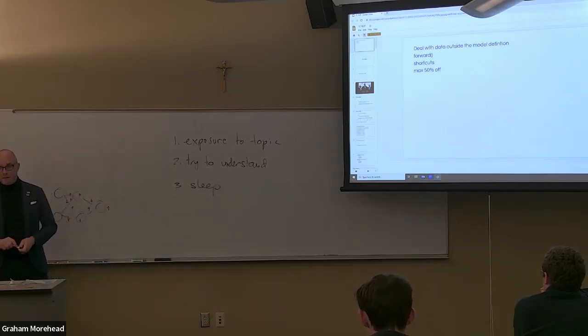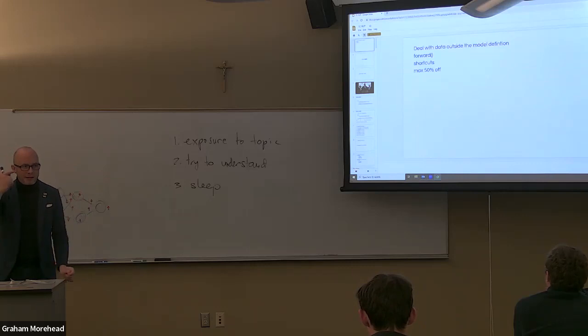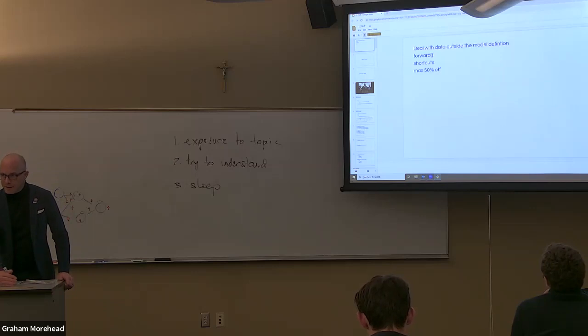When there's something I don't understand, I look at it, I read it, I try to understand it, I think about it, and then I take a nap. Or I just sleep that night and try again tomorrow, and again the next day, and again the next day.